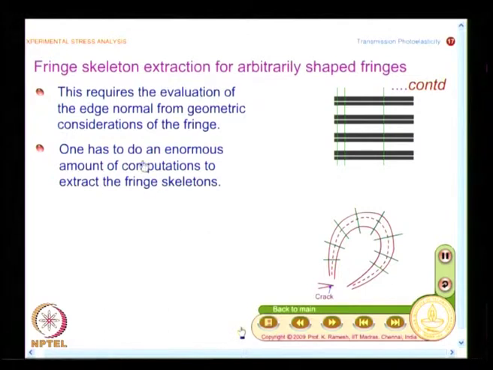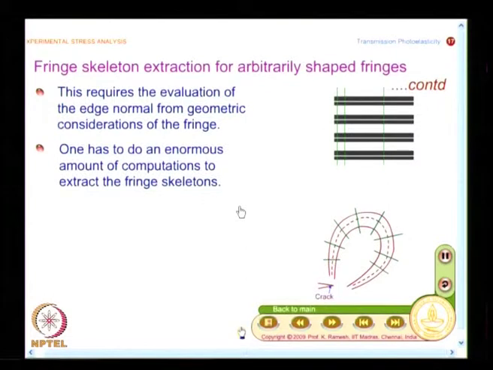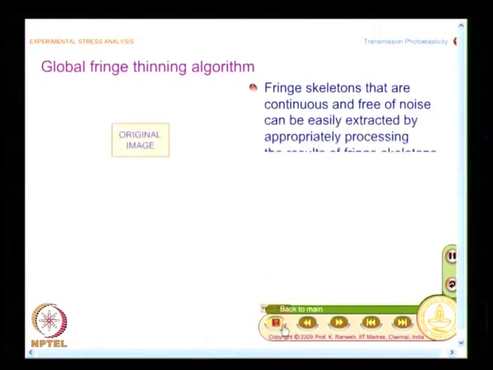So, the key point here is one has to do an enormous amount of computation to extract the fringe skeletons. The reason is we have to find out the edge normal from geometric considerations of the fringe, which could be greatly simplified if you adopt a scheme which employs logical operators, which took sufficient time for us to develop and which is very fast, and that is what we will look at.